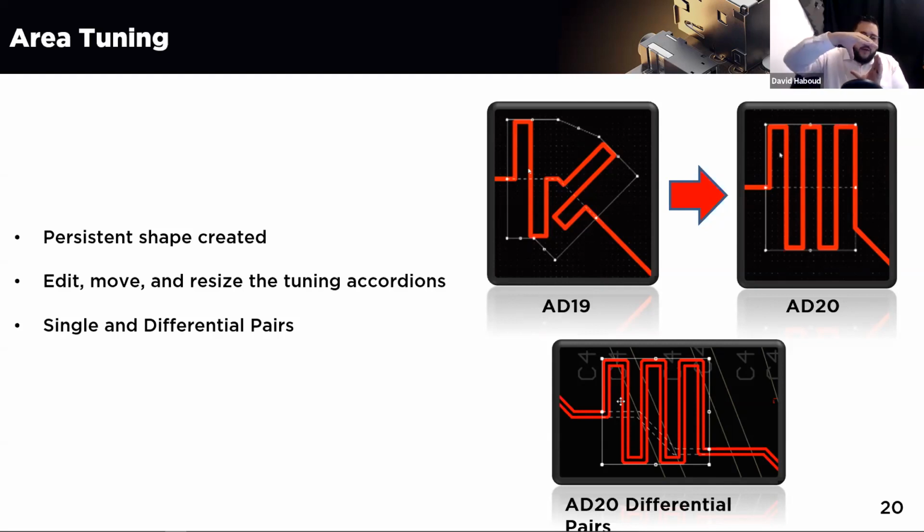So now we've made a persistent shape that you can just drag around, and it will automatically move all of the tracing, all of the tuning for you, and still show you where the original trace was laid down. It makes it really easy to resize and tune, and this works for both single and differential pairs.